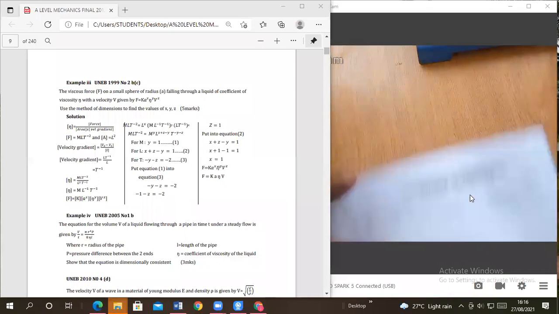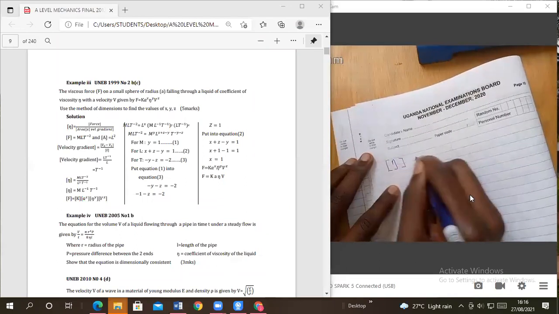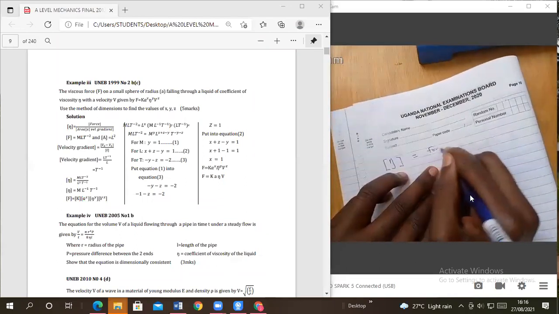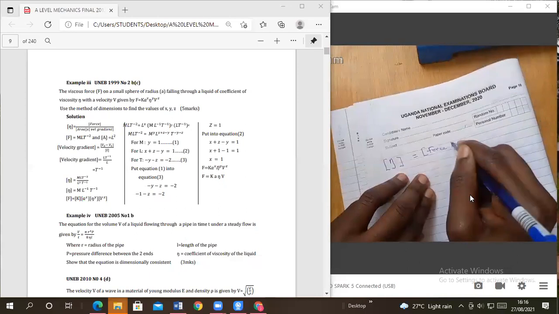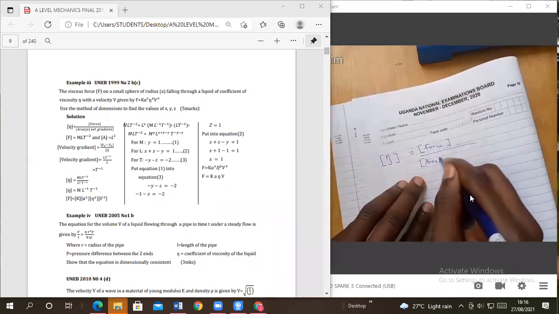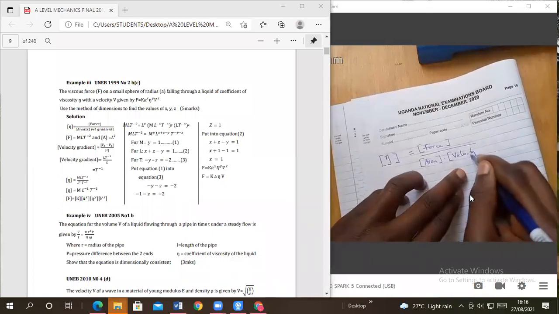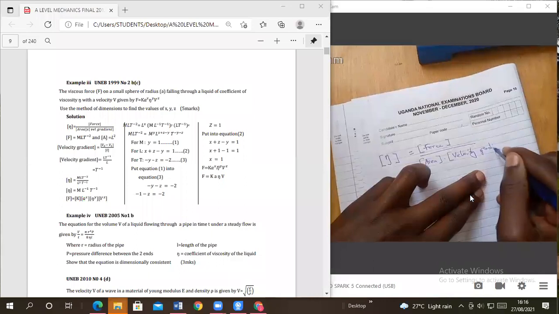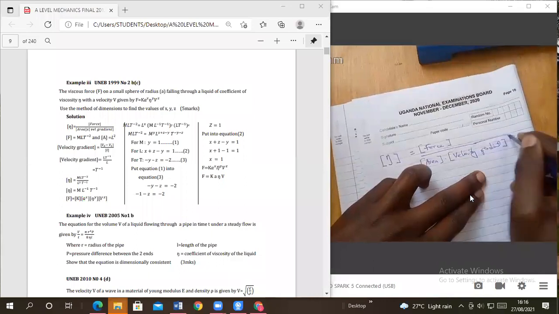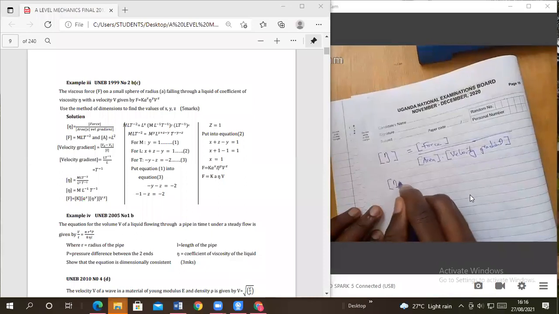So the dimension of nga, which we said is dimension of force, divided by dimension of area, times dimension of velocity gradient.